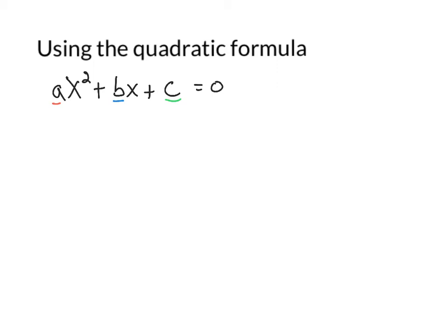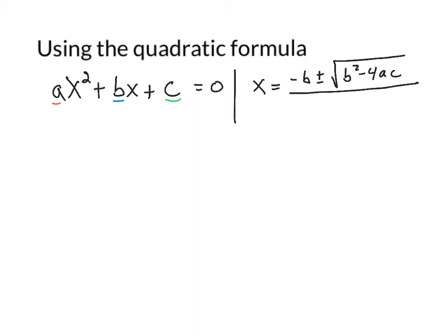What we've seen is that the solutions are given by the quadratic formula: x equals negative b plus or minus the square root of b squared minus 4ac, all divided by 2a.